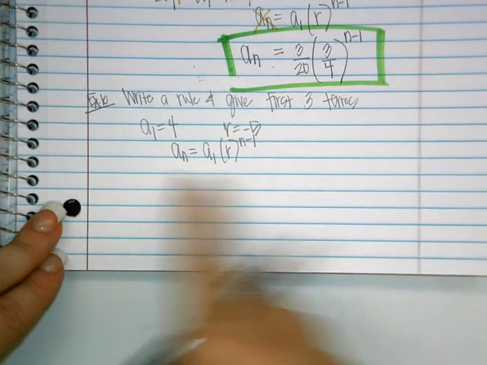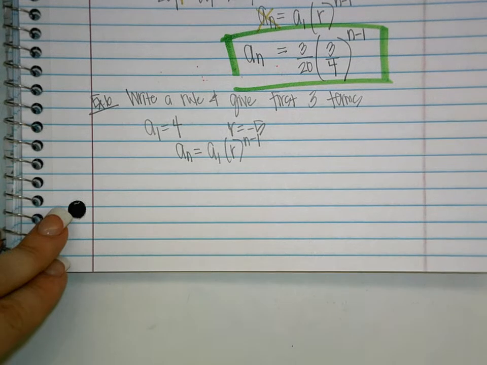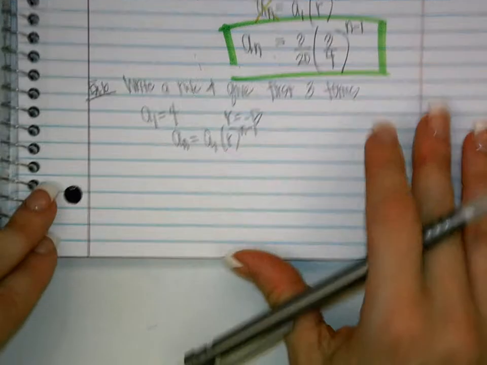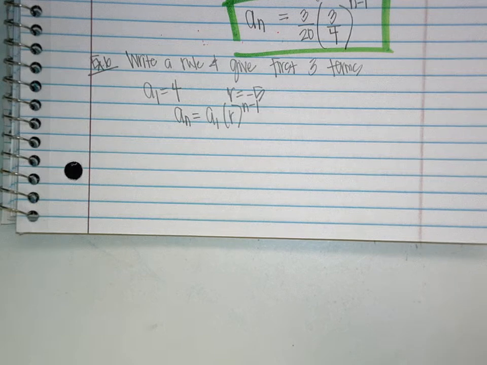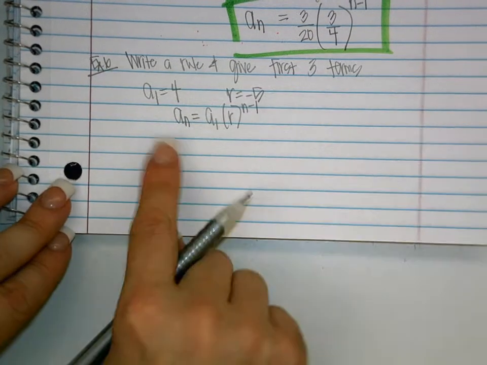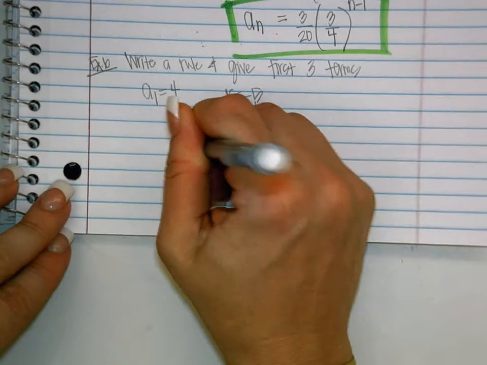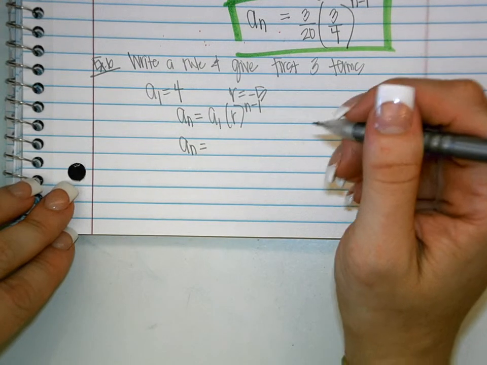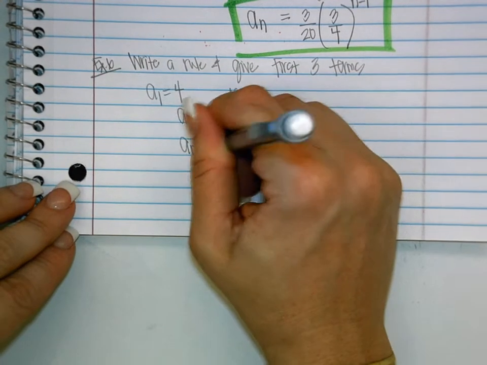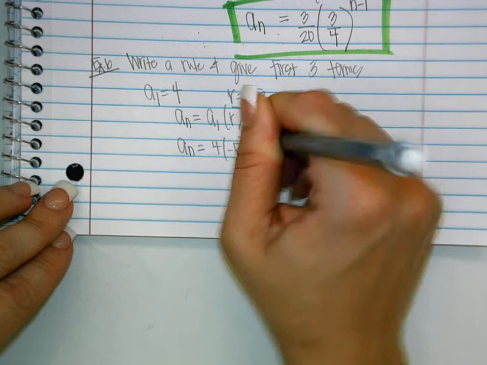I would always write out the formula, because the more you write it, the more it's going to cement it in your head. If you make mistakes and don't show much work, there's not much I can do about it. So AN equals your A1 is what? 4 times -5 to the n minus 1.